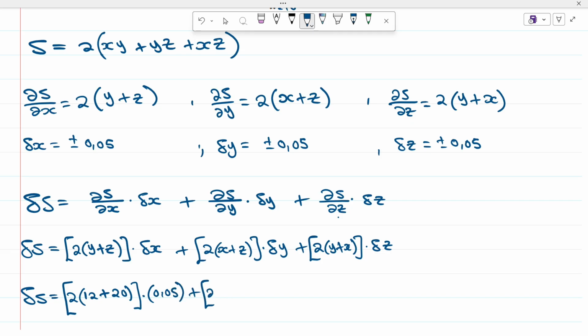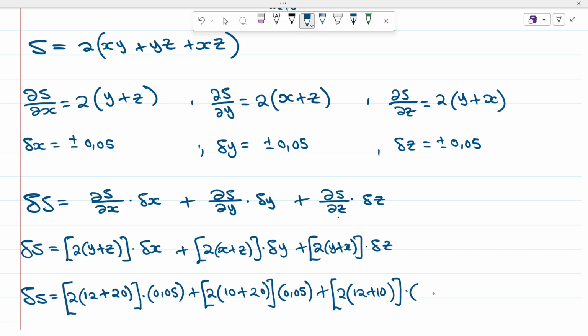Then 2 into (10 plus 20) for z, multiplied by the small change 0.05, plus 2 into (12 plus 10) for x, multiplied by the small change, which is 0.05.